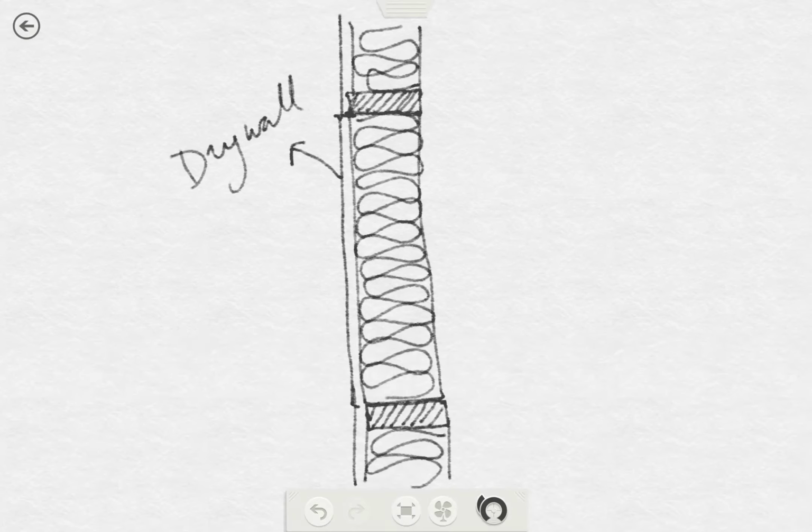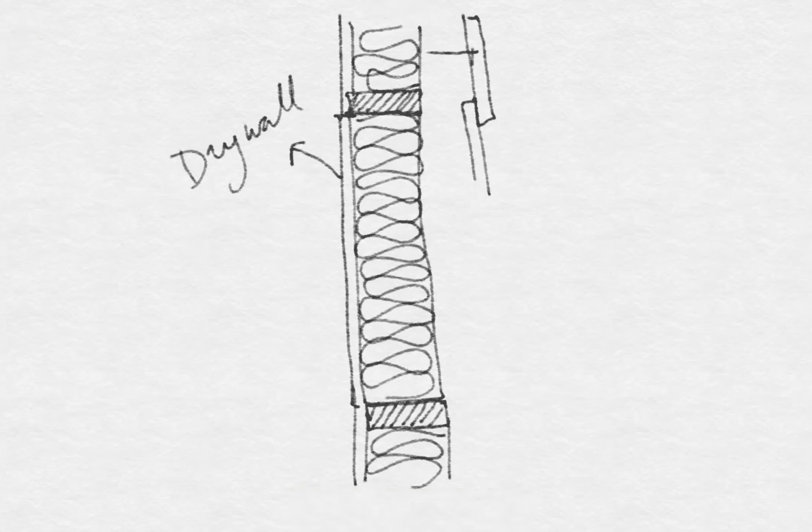These are not studs, they are not rafters, they are not joists, what they call it, I don't know, horizontal wooden elements. And then I think I would leave like an air cavity here, and then I will start placing the siding.